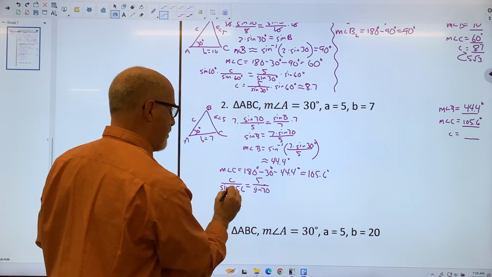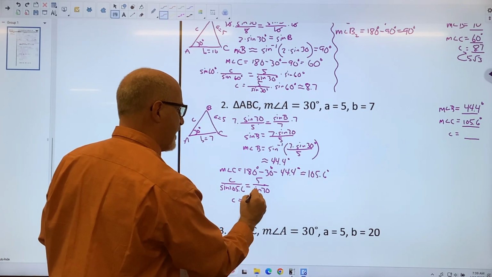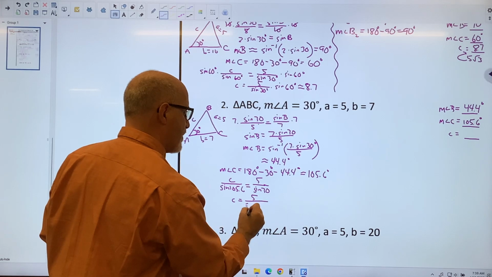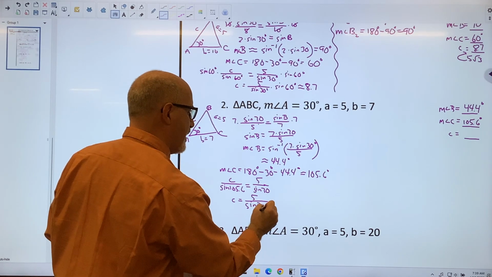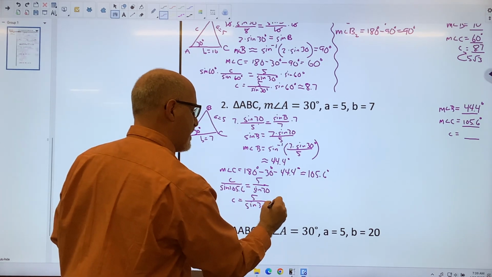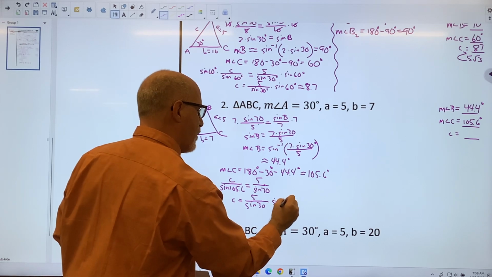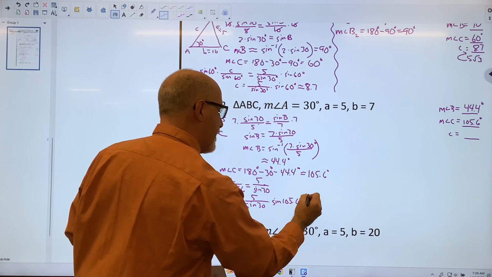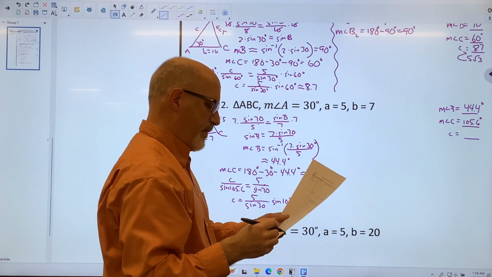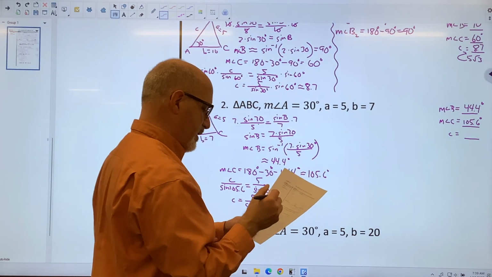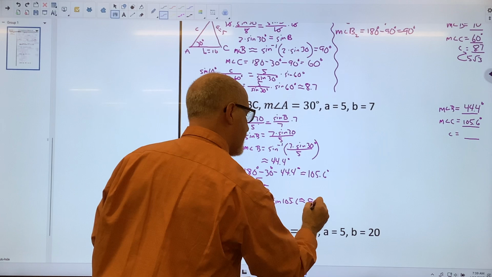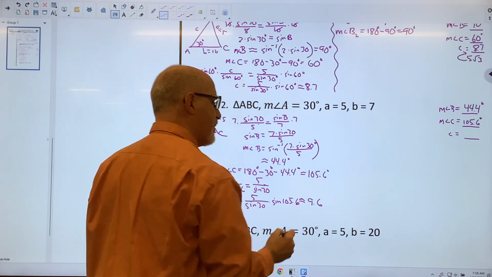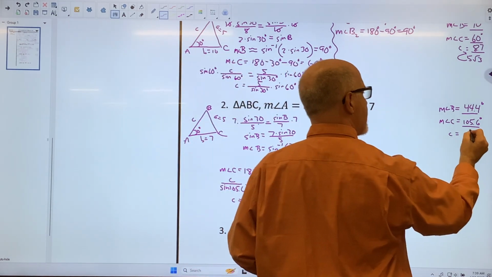So c is going to equal 5 over sine of 30 times the sine of 105.6. And when I do that calculation, that will round to approximately 9.6 for an answer. So here I've got 9.6.